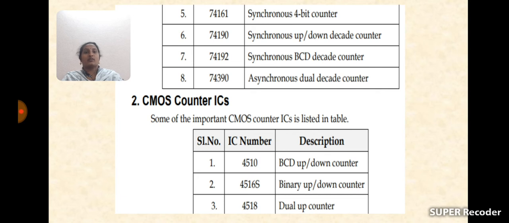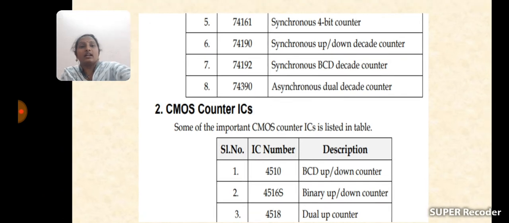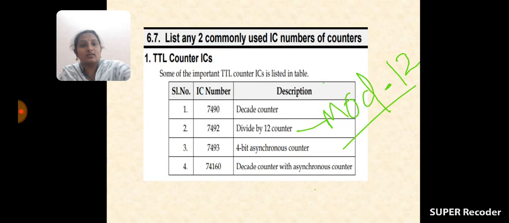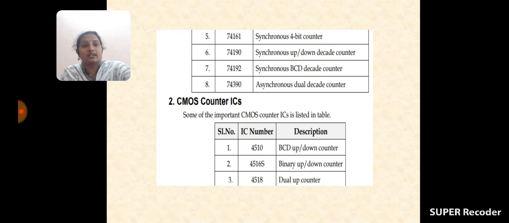Coming to the next IC number, 74192, which counter is available? It is a synchronous BCD decade counter. Already in our last table, the asynchronous decade counter is there now. Asynchronous decade is 74160.